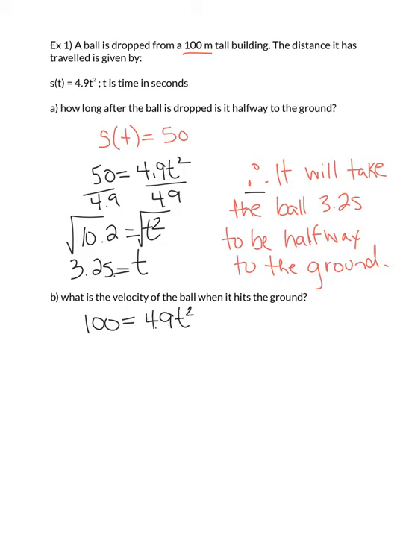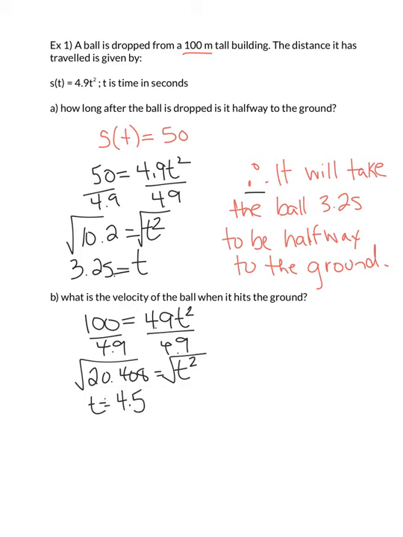So our height, or our distance traveled, is going to be 100, which equals 4.9 t squared, and when I solve that, I'm going to be getting 20.408 is equal to t squared. I'm going to go ahead and take the square root of that, and I'm going to be getting approximately 4.5 seconds.